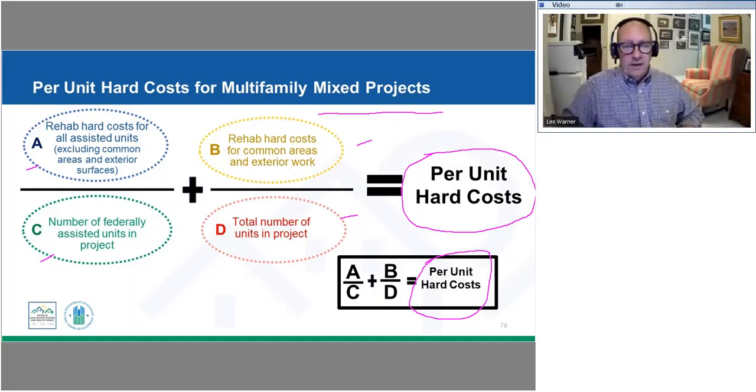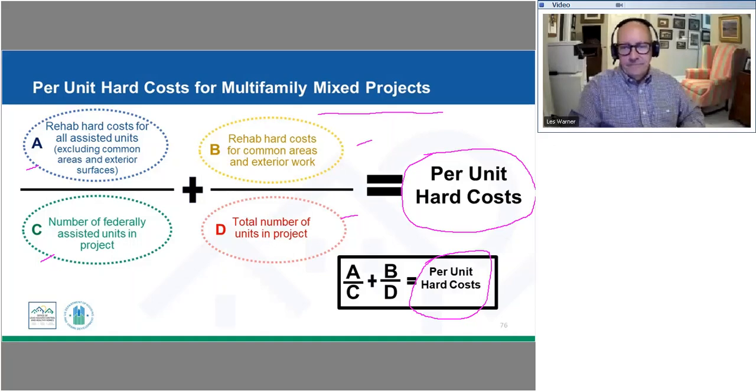We could tie in the Healthy Homes staff and deal with those in that way. But that's going to be a pretty common situation for multifamily projects, that they're a mix of units designated as assisted units, but all of the money is combined together to rehab the overall project.